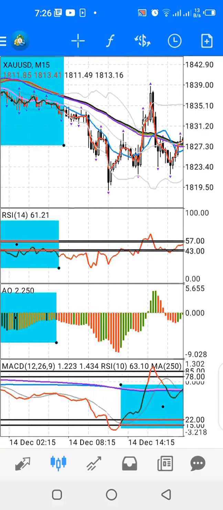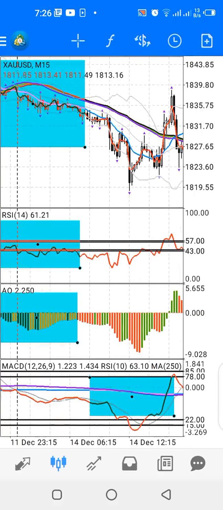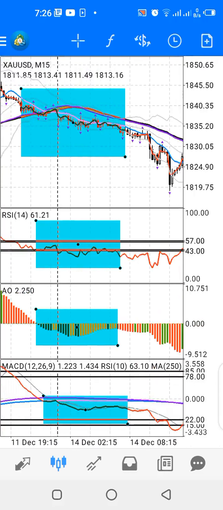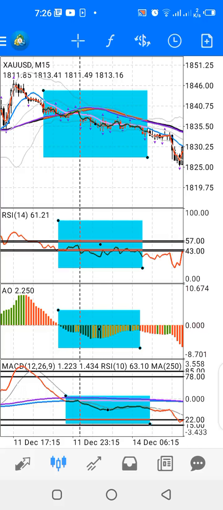Now I loaded some indicators on all the windows so that when I have the alignment of signals across all windows, I take my trade. I either buy or I sell.